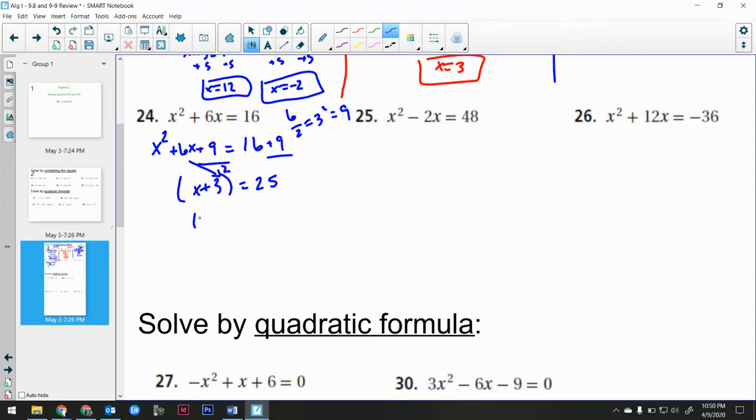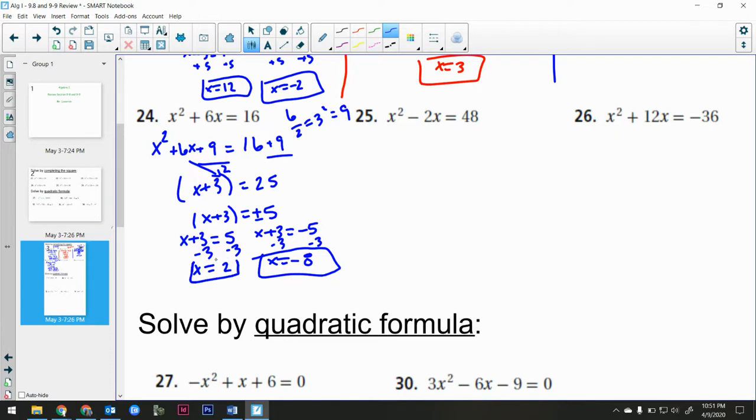Squared. So I get x plus 3 is equal to plus or minus the square root of 25, which is 5. That means x plus 3 is equal to positive 5, and x plus 3 is equal to negative 5. So we get x equals 2 and x equals negative 8 when I subtract that 3 over. Okay? So those are my two solutions, negative 8 and positive 2.